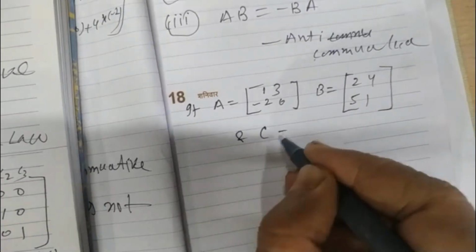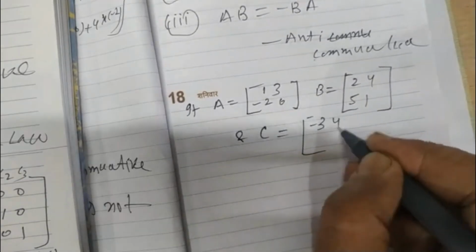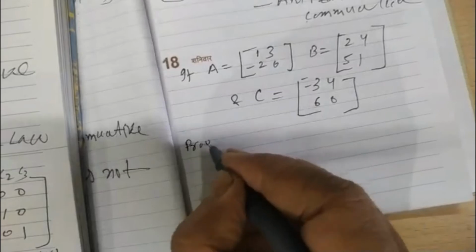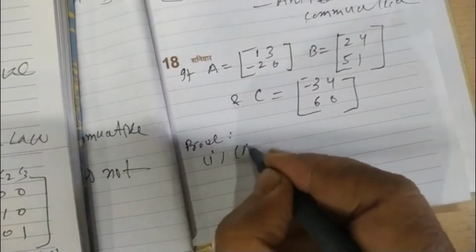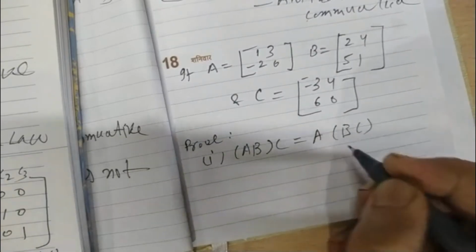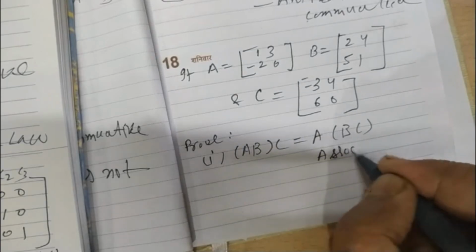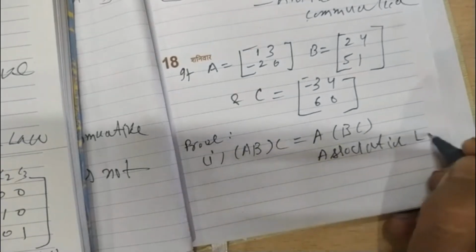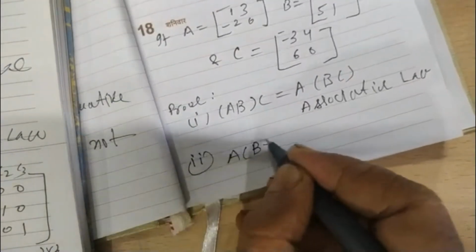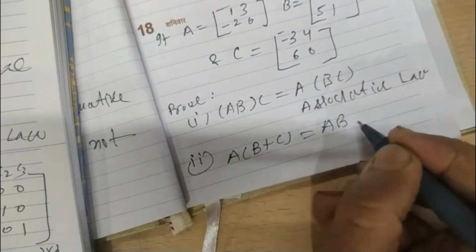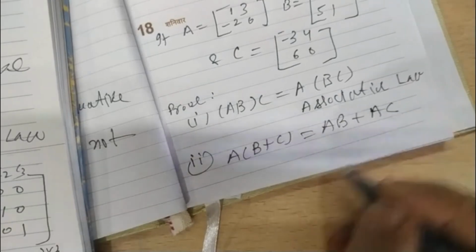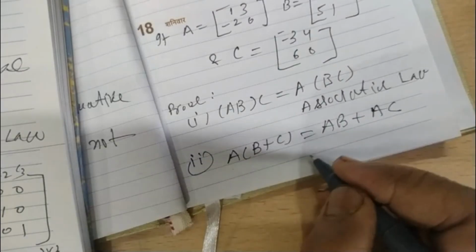And C is -3 4 6 0. Prove that (AB)C is equal to A(BC), the associative law, and second, for the given matrices, A(B plus C) is equal to AB plus AC, the distributive law.